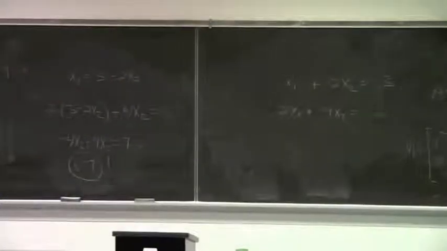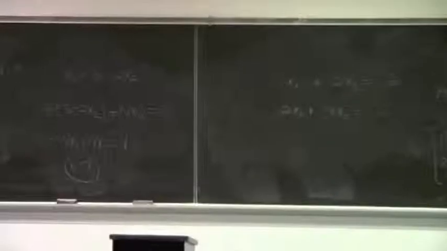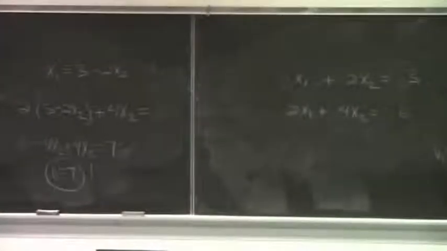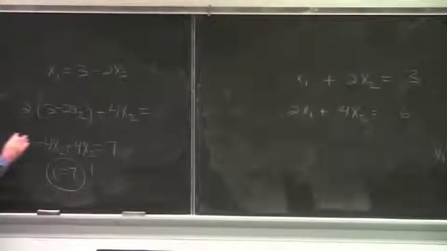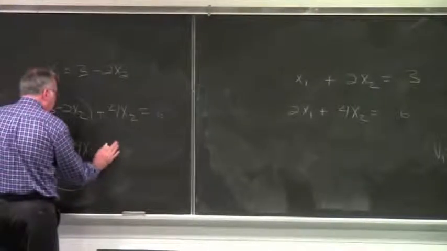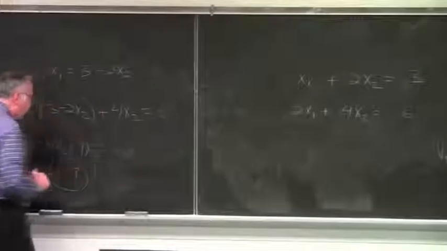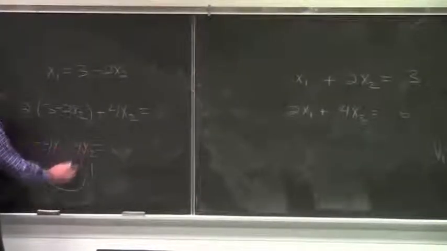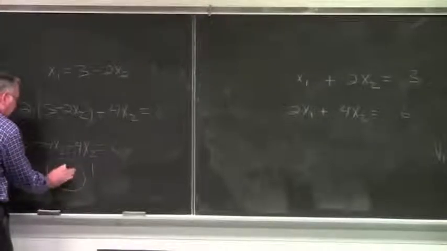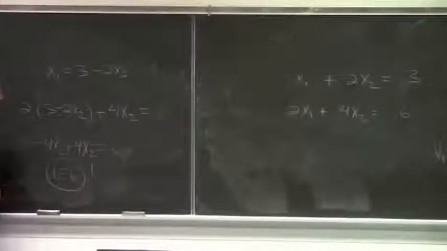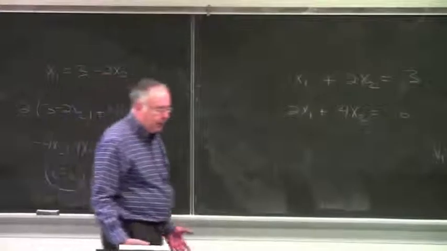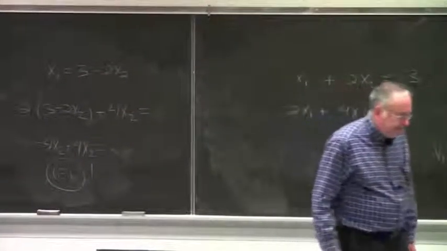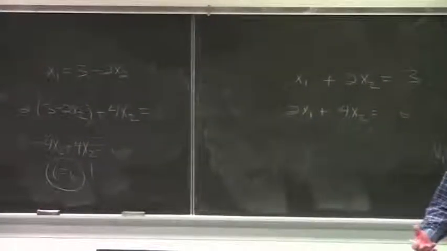We're just doing the same thing. We're resolving this system by elimination of variables. And now what do we get? The minus 4 and the plus 4 cancel out. We get 6 equals 6. That's true. 6 does equal 6. But it doesn't help us solve the system.